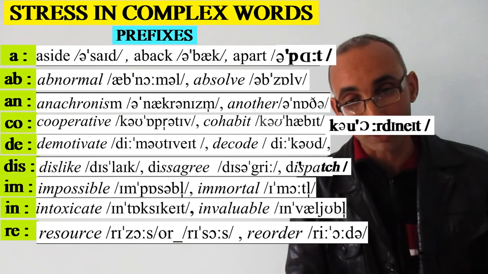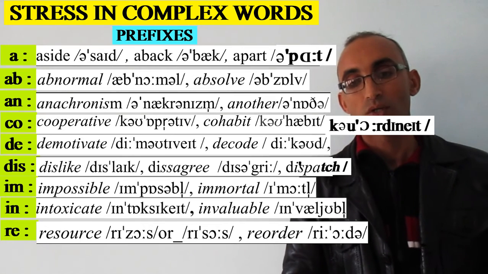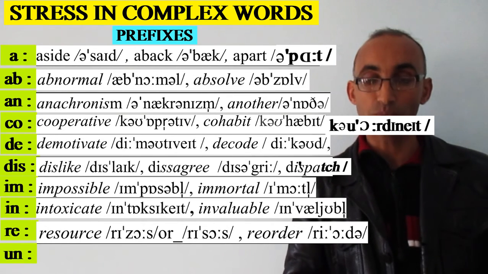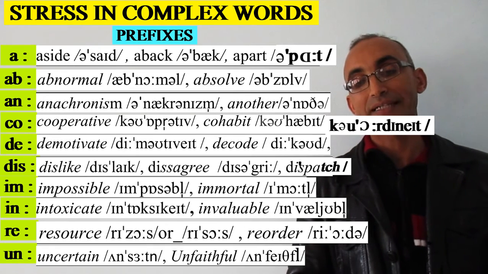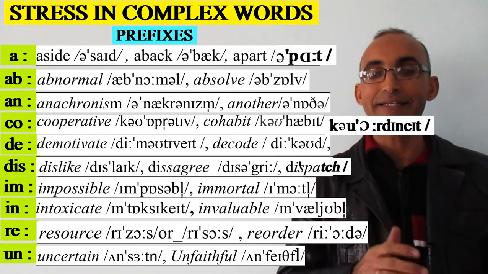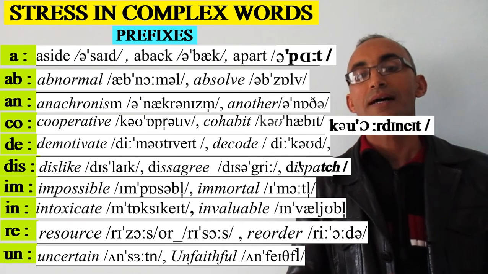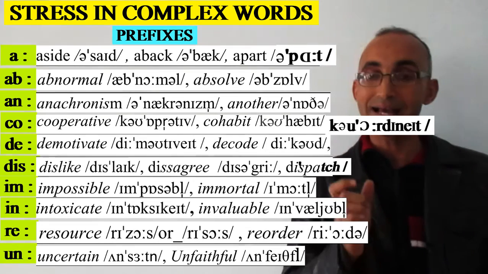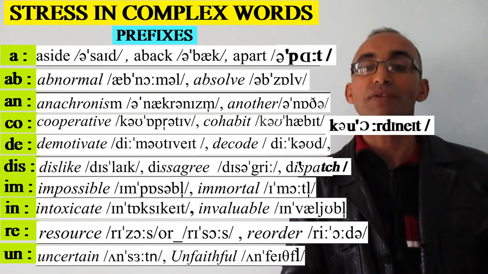Reorder, re is neutral also, and or is stressed. Also, I have un. It's also neutral, like in words like uncertain. So cer is stressed, but un is neutral. Also, unfaithful, un is neutral also, and faith is stressed.